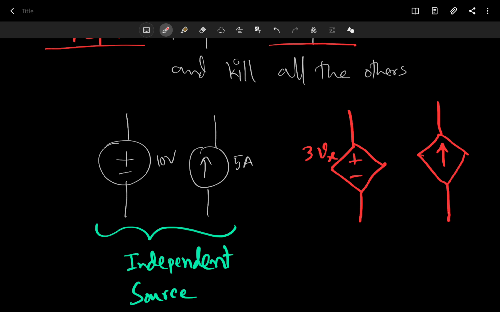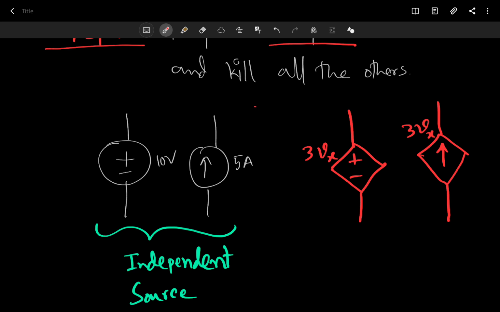I said before that it doesn't matter really, but we use it to differentiate between them. And again, maybe this also has a value of 3Vx, so maybe the voltage there is Vx, and 3 times the voltage in SI unit is the current that will go from here.